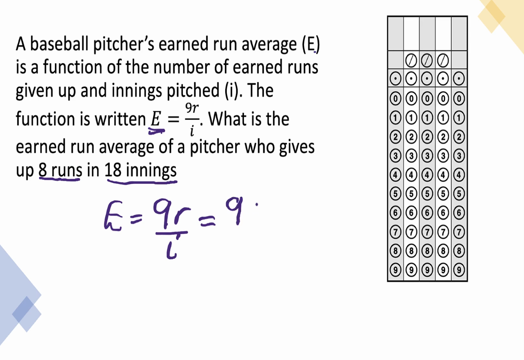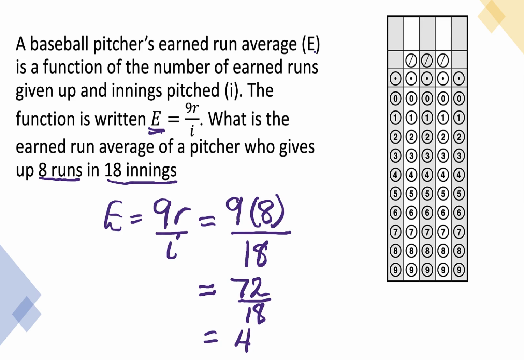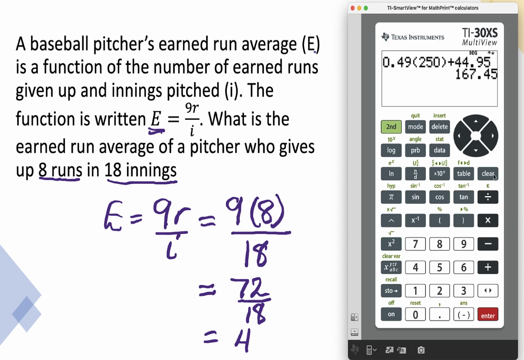So it'll be 9 times 8 divided by 18. 9 times 8 is 72, and you're going to divide that by 18. My answer is 4. Again, if you're on the calculator section, you can put all of that in the calculator.